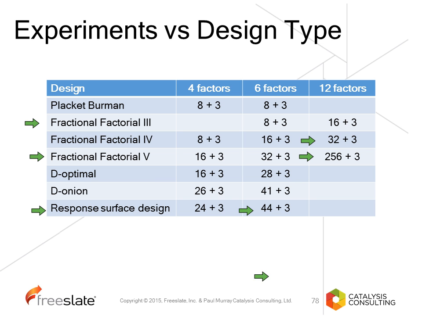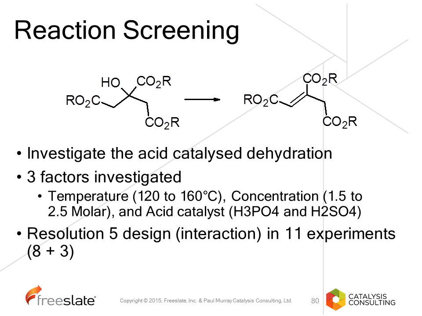So I'm now going to demonstrate how DOE can provide you maximum information from a specific example. The example I'm going to show you is a dehydration. It's an acid-catalyzed process, and 3 factors were identified as possibly being important.